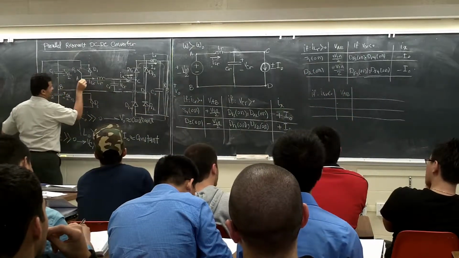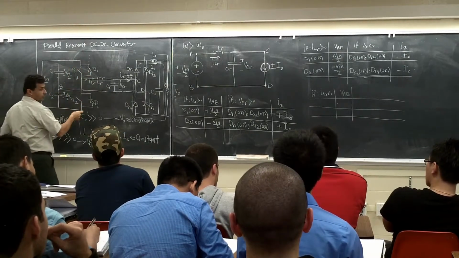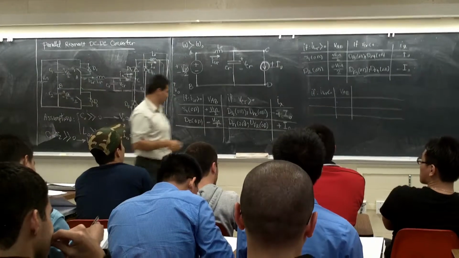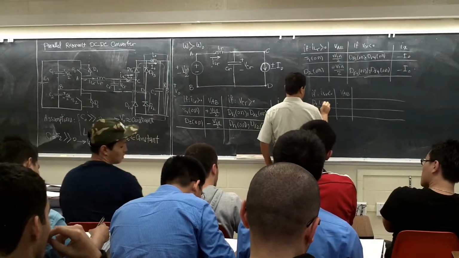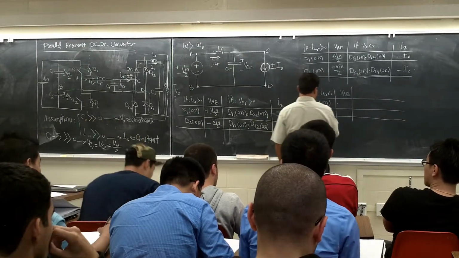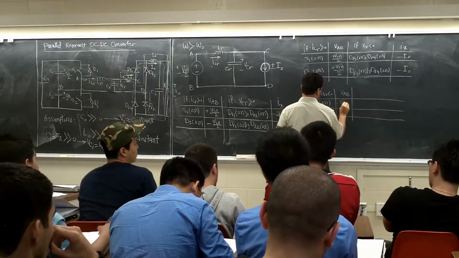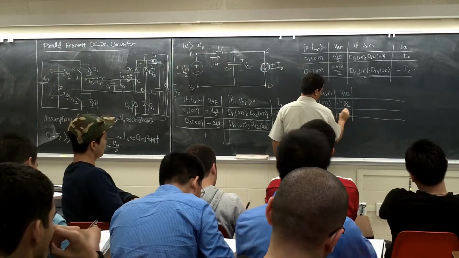Negative means this current is going this way, right? Either it can go through D1 or it can go through S2. If D1 is on, it's going to be Vin over 2. If S2 is on, it's going to be minus Vin over 2.